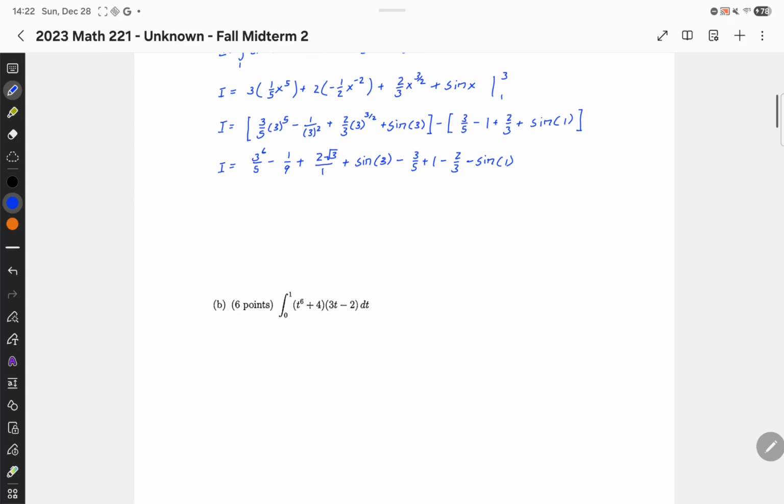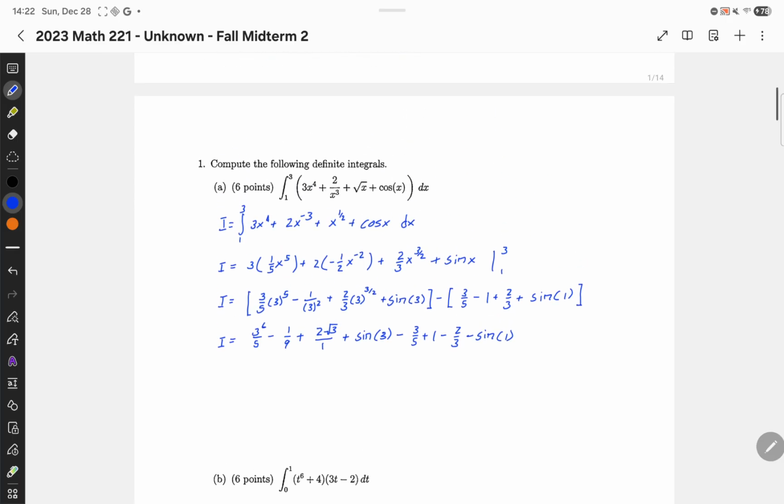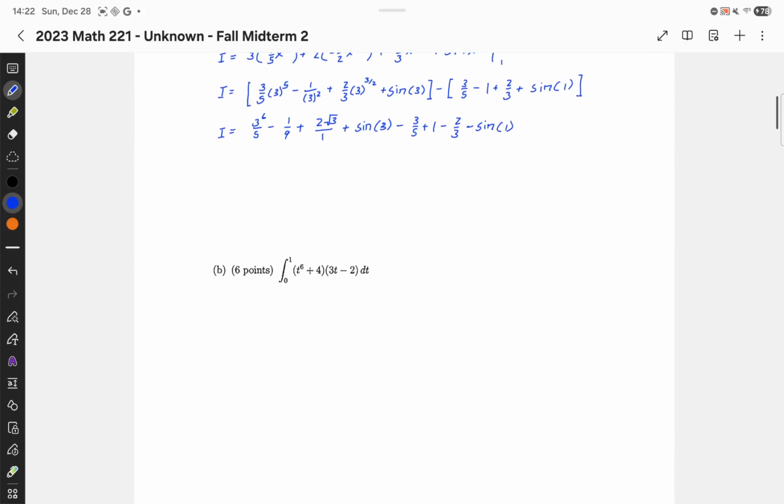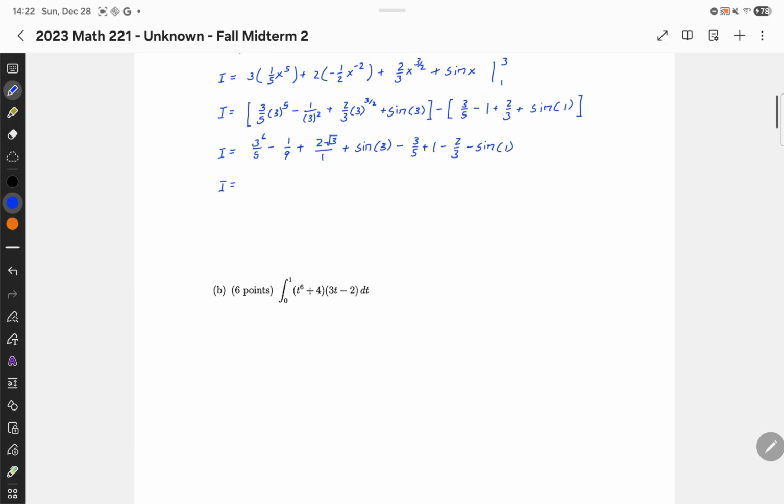Now let's go ahead and combine some fractions, because it's not very clear how much we need to simplify. So the first thing, let's get all of these fractional terms, the non-trigonometric ones, over a common denominator. So we have a 5 and a 9, so let's put everything over 45. So this first one is going to be 3 times 9, which will be 3 to the 8th, over 45.